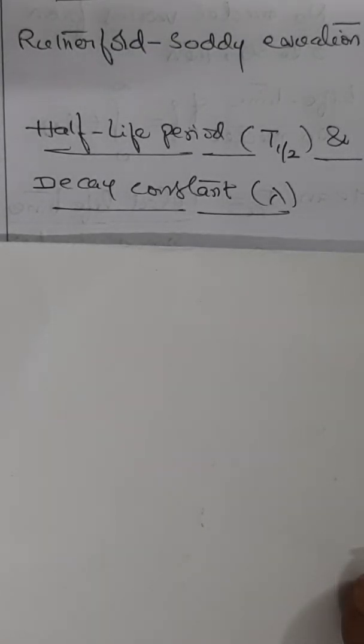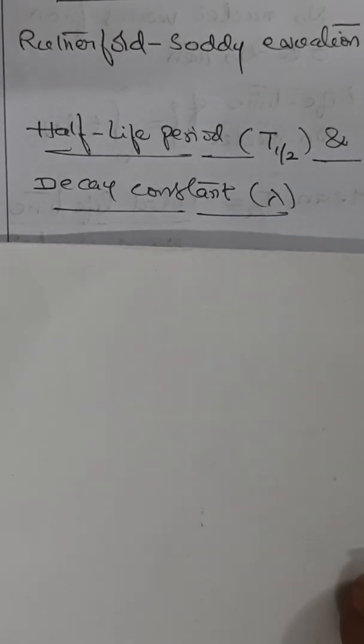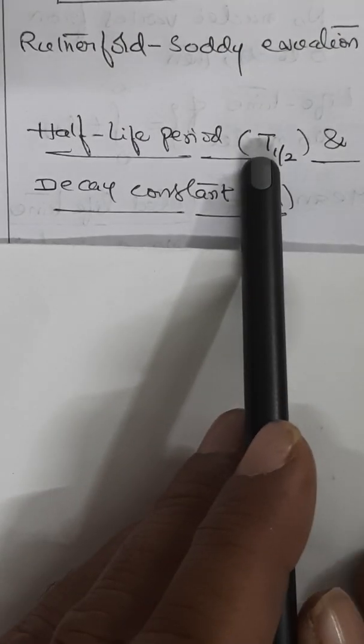If you look at the definition of half-life period represented as T half, it is the time in which half of the original nuclei decays into daughter nuclei. It is denoted by T half.